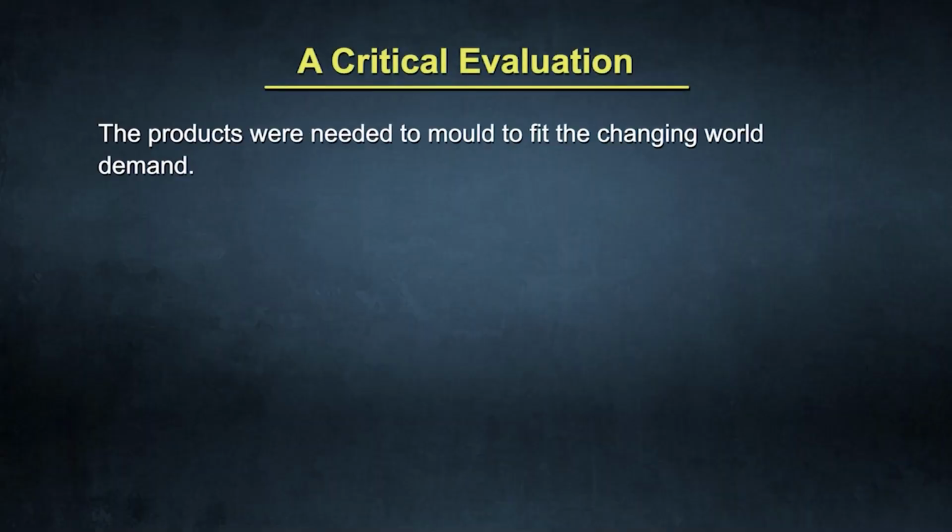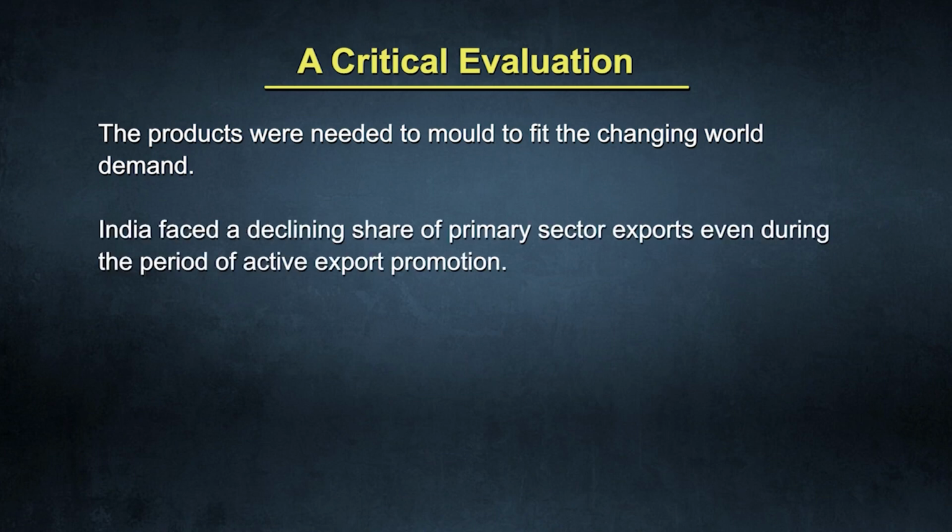And even for agricultural exports, serious technological development through research was necessary to increase productivity and to meet the new age world demand. The products were needed to be molded to fit the changing world demand. India faced a declining share of its primary exports even in the periods of active export promotion.